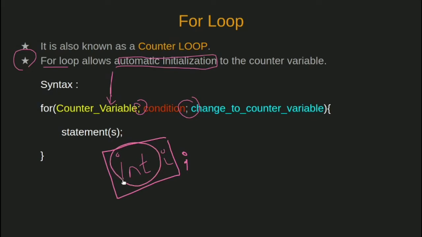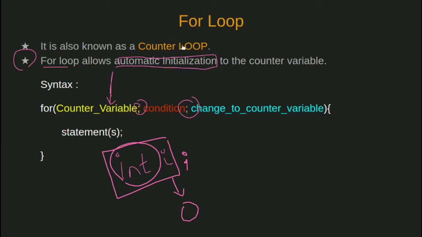In this case, since I am making use of an integer data type, it will automatically be initialized to a value of 0. If you are making use of other data types like double, float and string, it will be initialized to 0.0 for the float, 0.0 for the double and null for the string. You should go code and check that out.